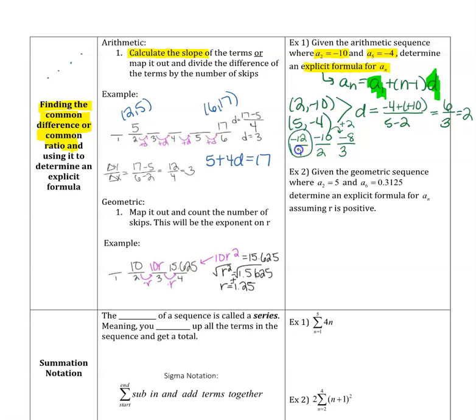And now I know my first term. So now that I know my first term and my common difference, my explicit formula is negative 12 plus n minus 1 times 2.